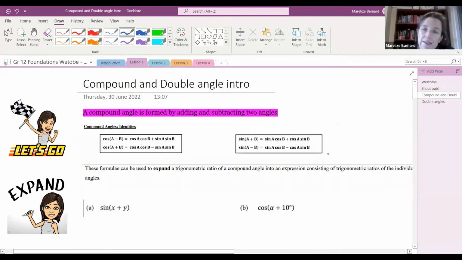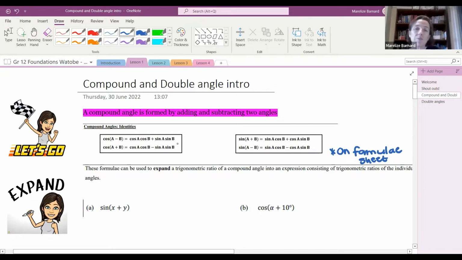We are just going to launch straight into using these identities, because that really is where the marks are. These ones are on the formula sheet that you get with your exam, so you must make sure that you pick the right one and that you copy it down correctly from your formula sheet when you work with it.